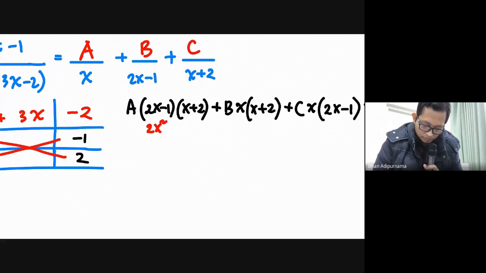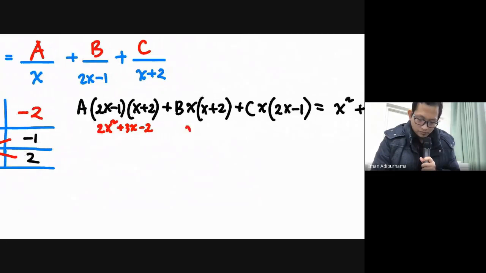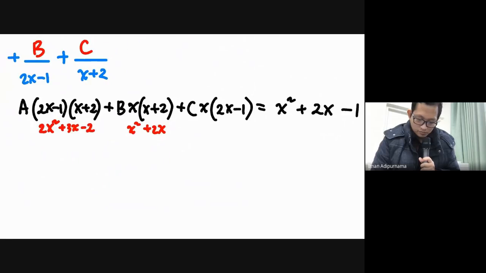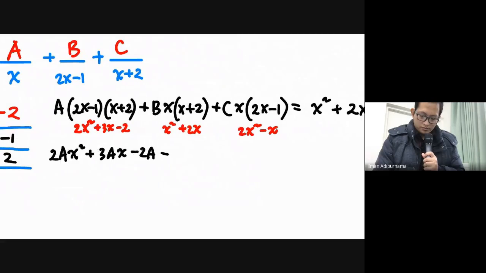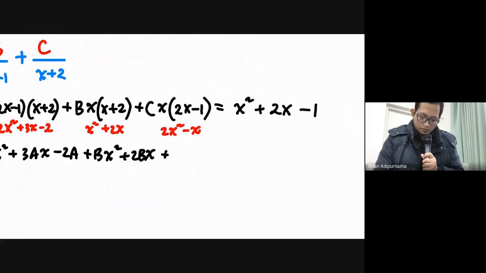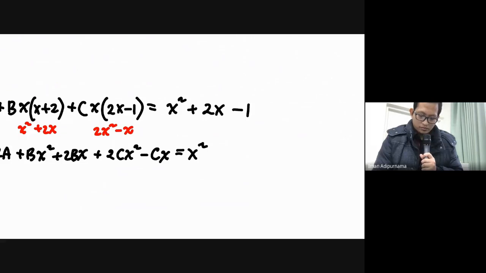Let me write here 2x squared minus plus. So writing all plus 3ax minus 2a is equal to x squared.